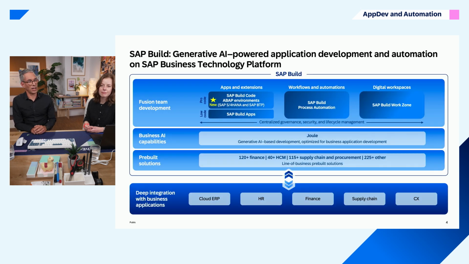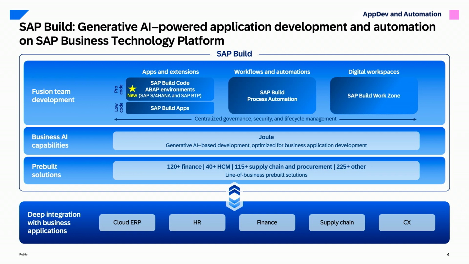So let's look at what we actually have with SAP Build. In 2022, we introduced SAP Build, which was basically a low-code development environment consisting of a couple of parts. On the left-hand side, Build Apps to create applications, then Build Process Automation to create workflows and automations, and digital workspaces, Build Work Zone.